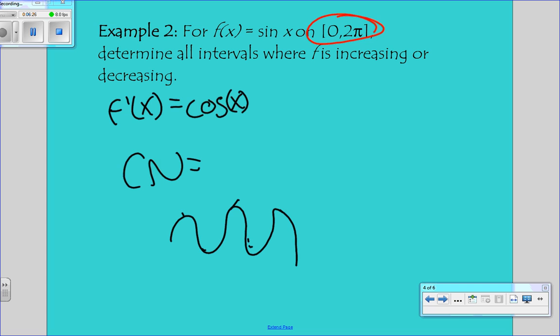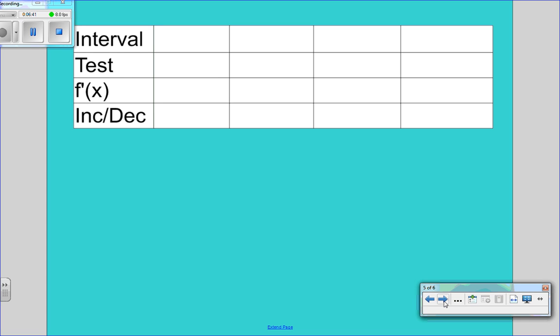So the interval helps us to limit it. So we just pick critical numbers within our interval, which in this case would be pi over 2 and 3 pi over 2. Then you move on to your table that you drew so nicely. Again, your critical numbers are pi over 2 and 3 pi over 2.